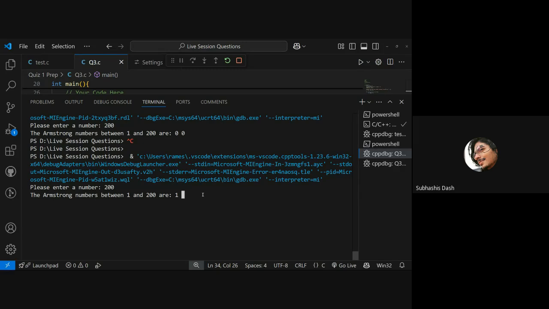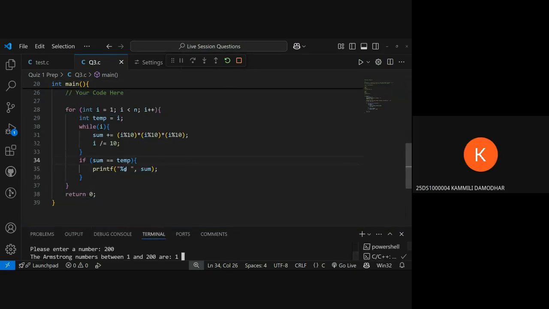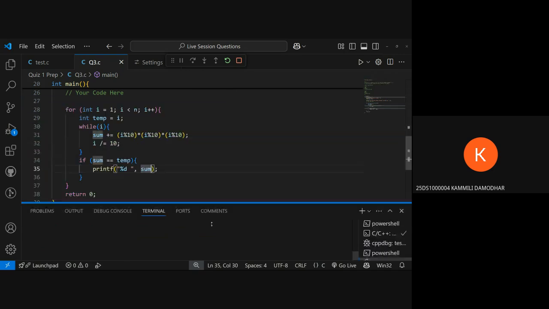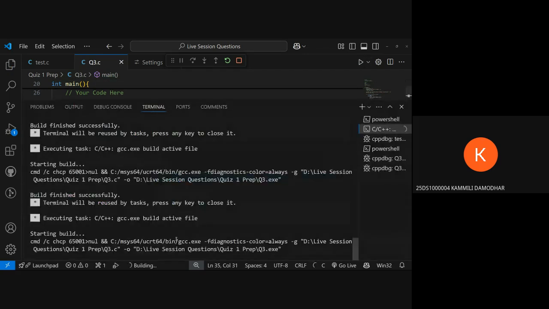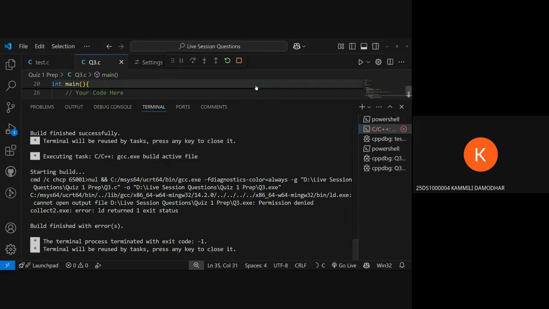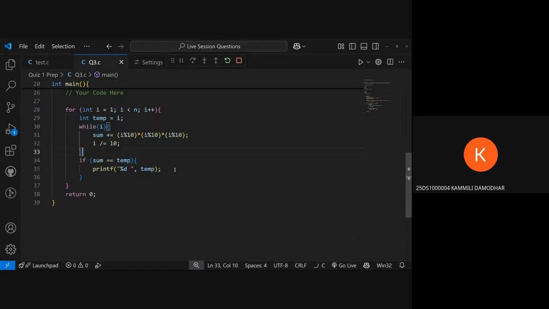I think we need to change i to temp also, or not. No, no need. Correct, correct.